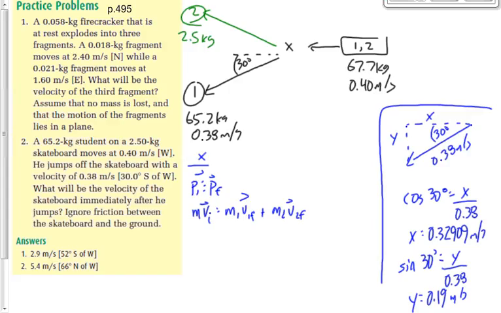Total mass is 67.7. VI is negative 0.40. M1 is 65.2. V1F, tell me what that is. Who's got V1F? X component, V1F.